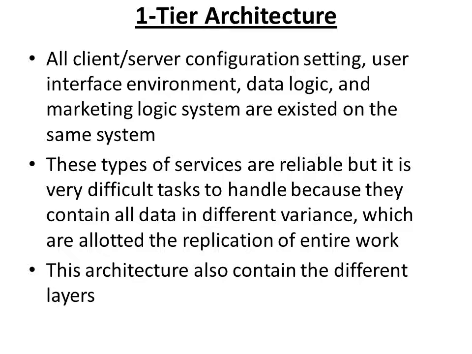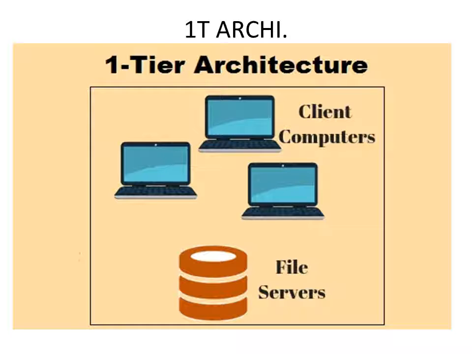This architecture also contains different layers. So this diagram explains one tier architecture. See, in this diagram, client computers are there and a file server is there. Consider the local area network through which the clients and file server communicate.